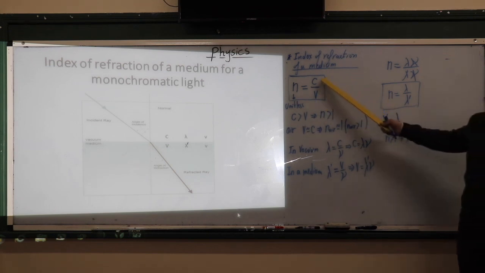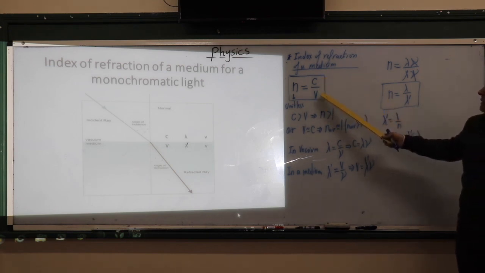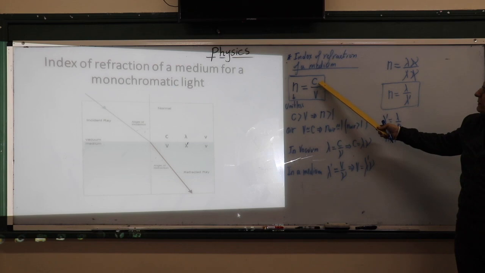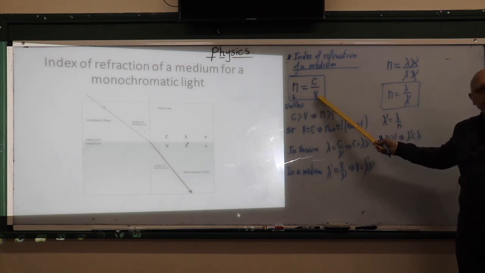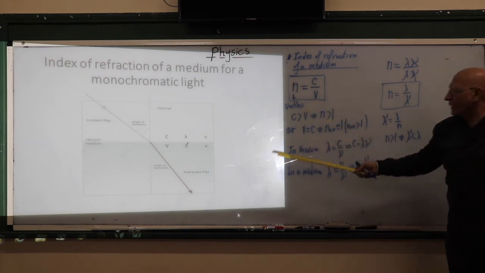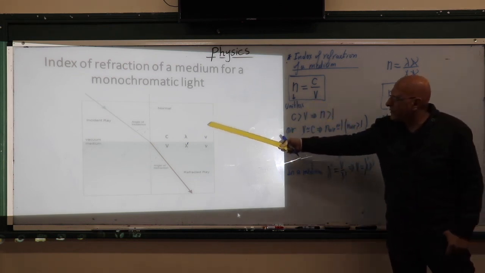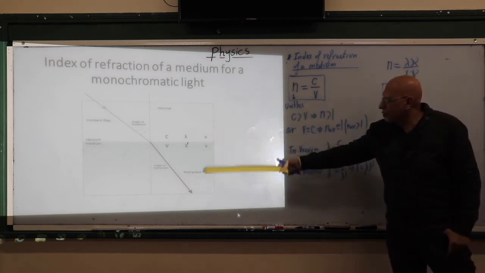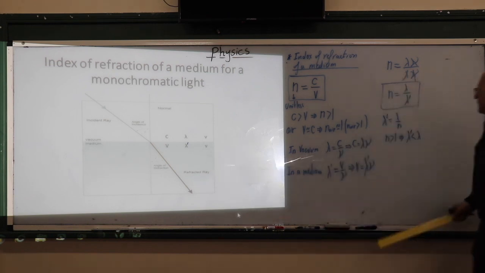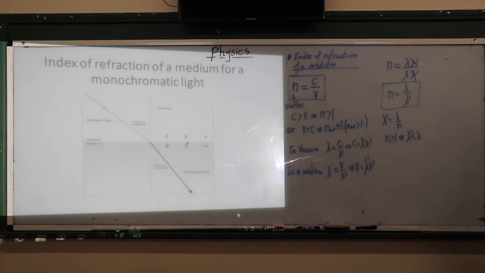Since lambda is proportional to the speed, and the speed of monochromatic light decreases when light passes from vacuum to a medium, then lambda decreases, because lambda is proportional to the speed, since the frequency is constant, or the period is constant.